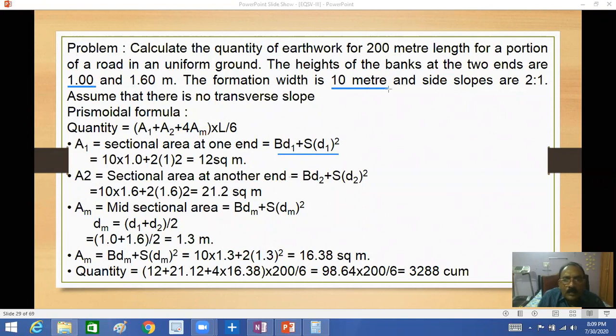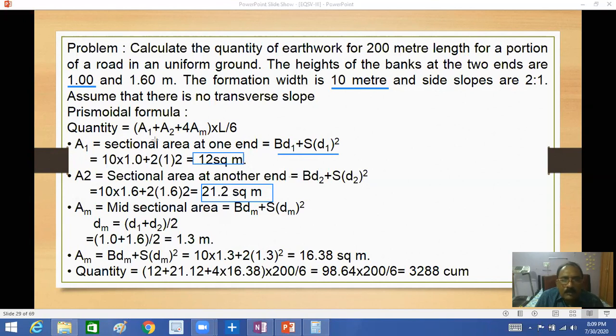Always note down the given data. The given data is B equal to 10 and S is 2, that is the slope, and D1 is 1. So if you do this, you will get A1 as 12 square meters, and A2 is 21.12 square meters.